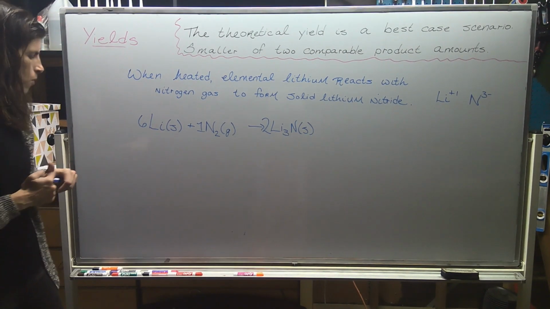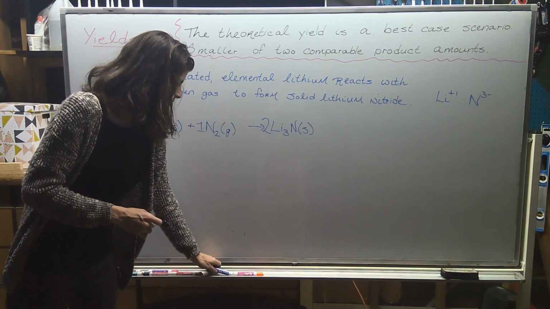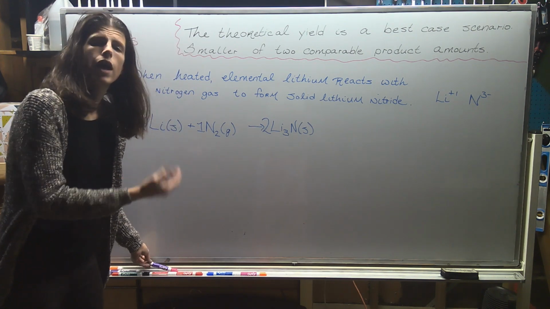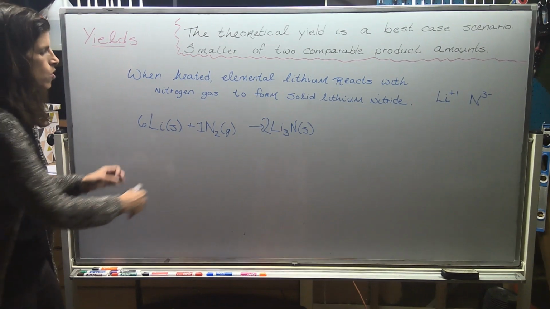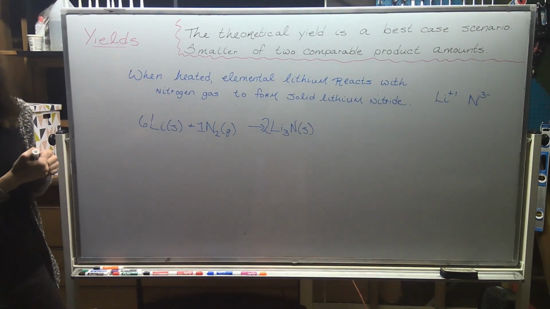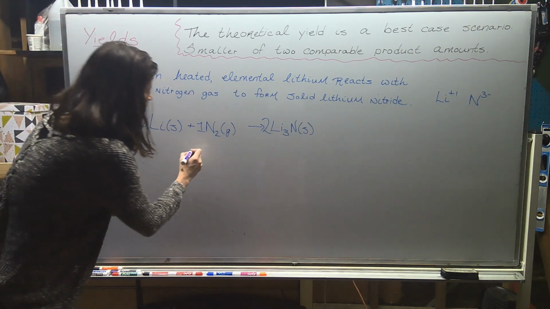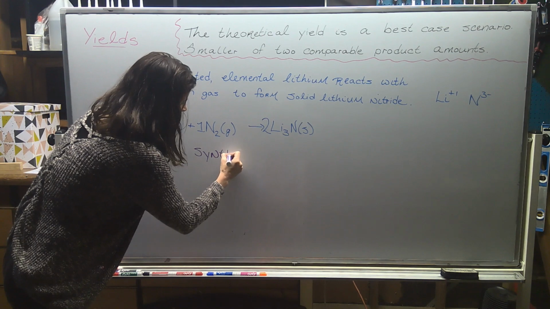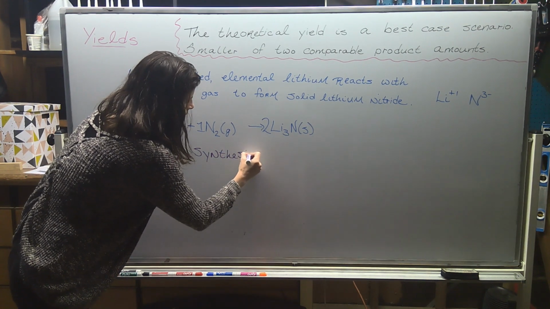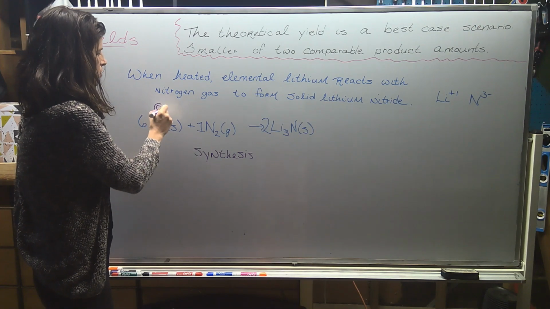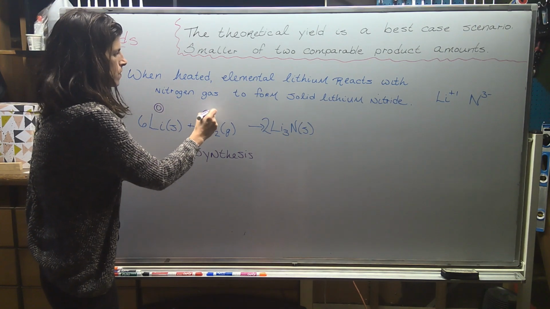The other thing that I wanted to quickly discuss before we move on to the calculations would be what kind of reaction is this, right? So we have 2 things coming together. So we can call this a combination reaction or a synthesis reaction. Secondly, these elemental things have oxidation numbers of 0.